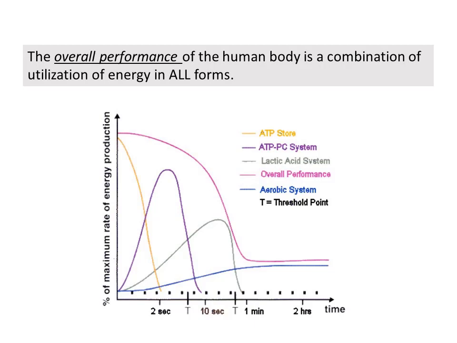Now, as our aerobic system is getting ramped up, here is our anaerobic system clocking out. We're going to clock that out here at about 1 minute. And then we've got our prolonged activity. Now, this line that you see, this is our overall performance. And again, you may have sprinted out of the blocks.